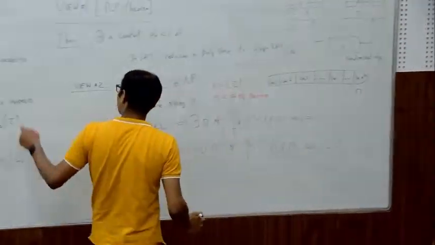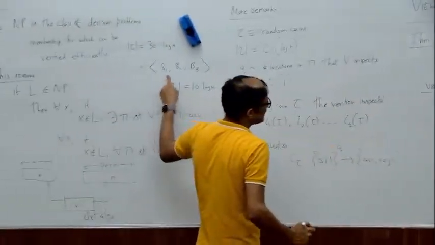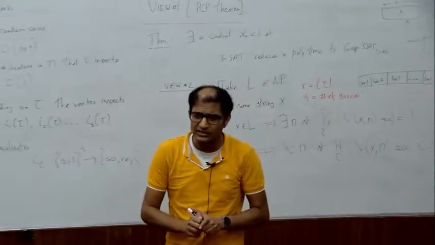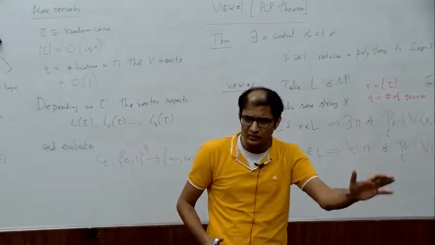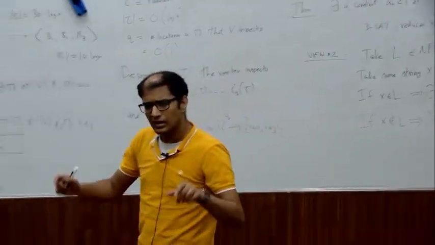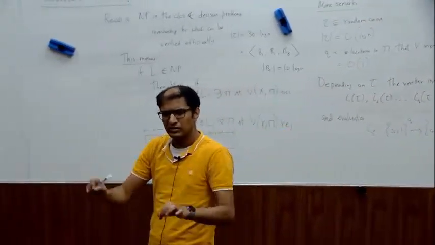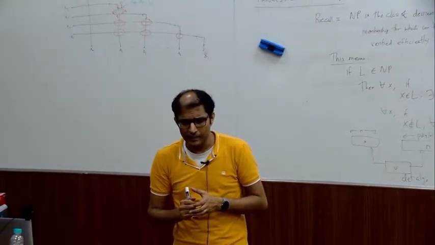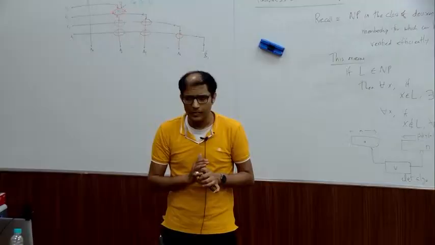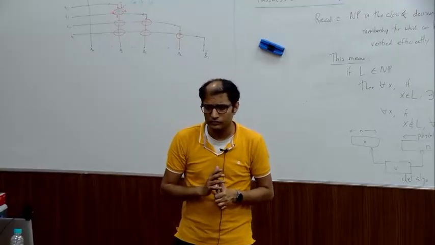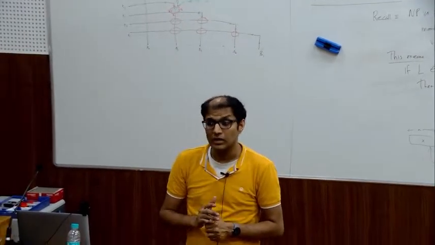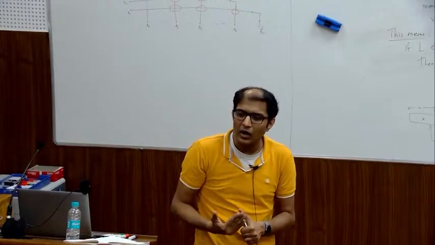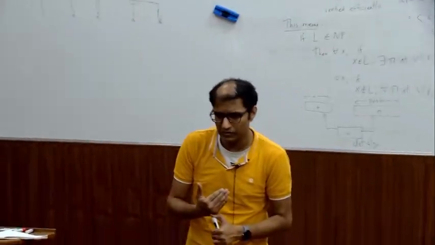So the bit sequence B1 can index one of these locations. B1 indexes one of those locations, B2 indexes another one, B3 indexes another one. I look at these 3 bits and then evaluate some predicate over there. Can a certificate in the original NP view be converted to one? Yes, we will go there slowly. You are already trying to think how to show the equivalence between these 2 views.